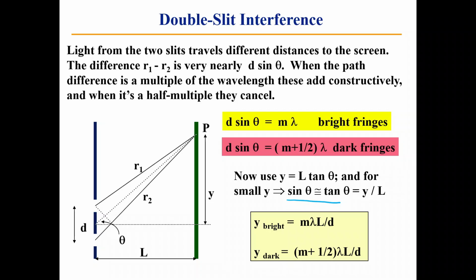So when that's true, you end up with tan theta being approximately Y over L. So when we combine those together, in our equations over here, we replace sine theta with tan theta, which is equal to Y over L. So that would give us D, replacing our sine theta with tan theta, and then replacing our tan theta with Y over L, so we get D Y over L.